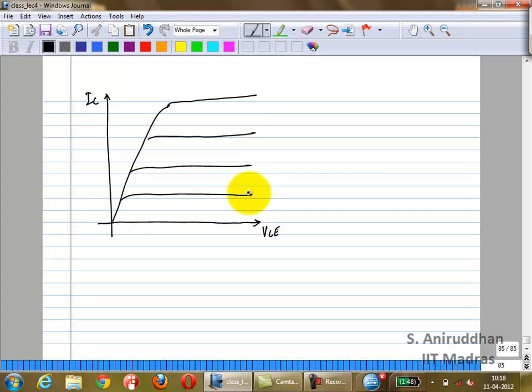So let us say I am drawing my IC-VCE curve. Let us say this is my quiescent point. In other words, this is IQ.